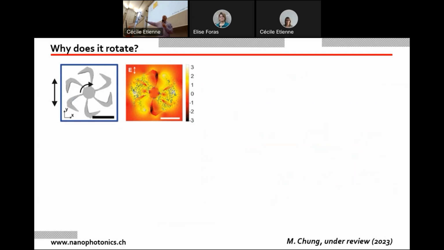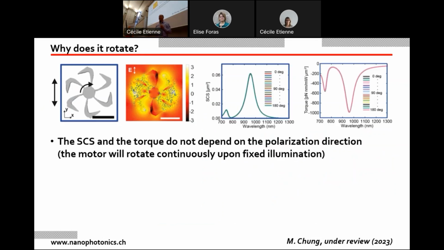It will expel photons in one direction, so it will scatter light in one direction, and as a consequence, it will move in the opposite direction. And this is actually exactly what's happening in that system. First thing to check is that if you change the orientation of the light or rotate the motor, the torque remains exactly the same. This is the case. Here we have superposed curves for different orientations of the light.